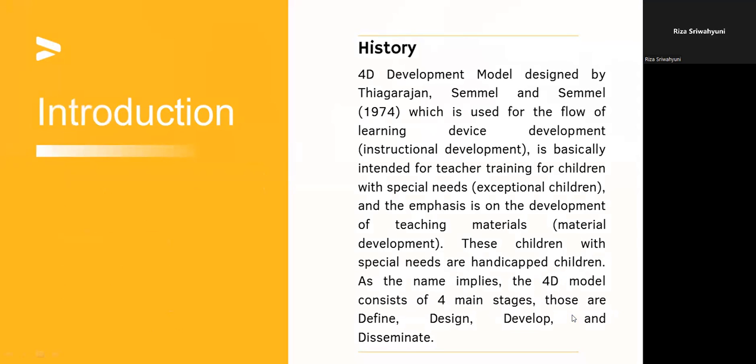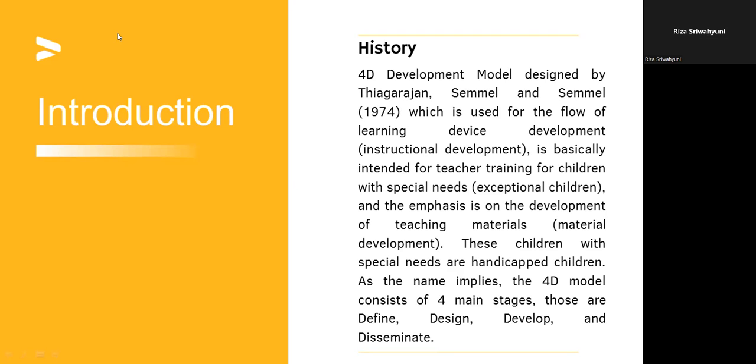Okay, as the background first, as you can see on your screen, the 4D development model was firstly designed by Thiagarajan, Semmel and Semmel, who are a family, so they have the same last name.